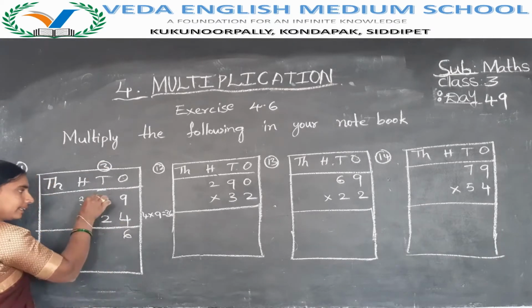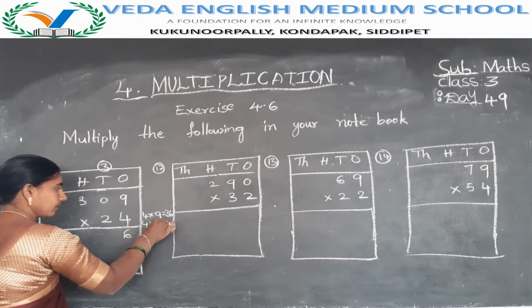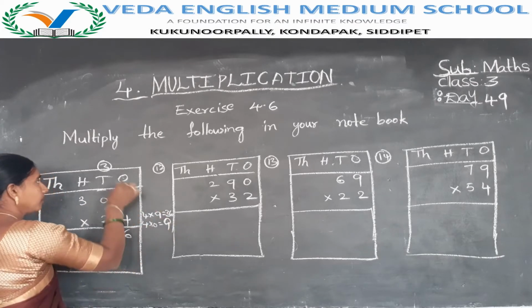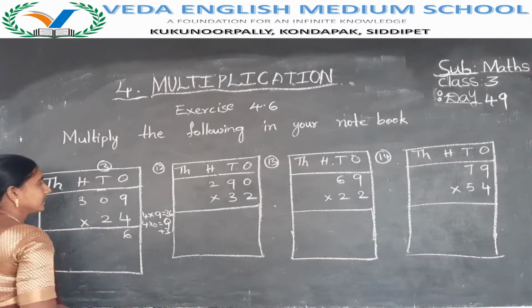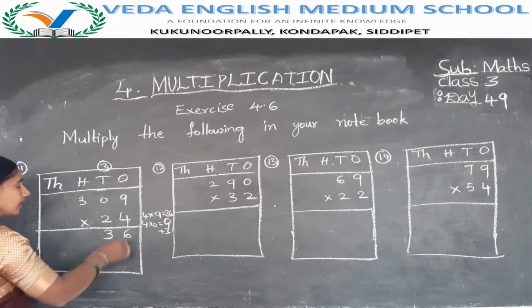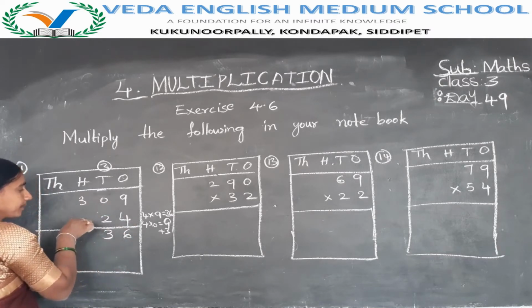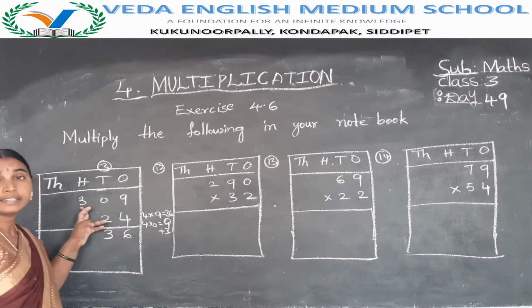Next, multiply in the tens place. 4 into 0. 4 zeros are 0. But there is a carry. How much is the carry? 0 plus 3 is 3. Next, multiply the digit 4 in the hundreds place by 3.